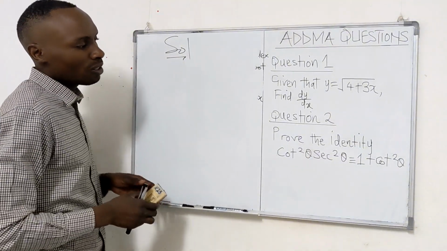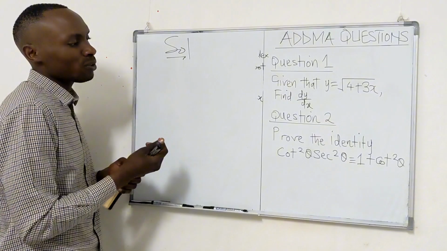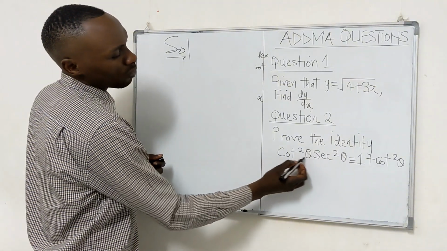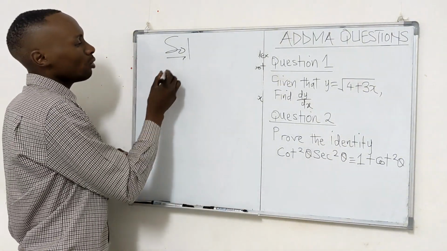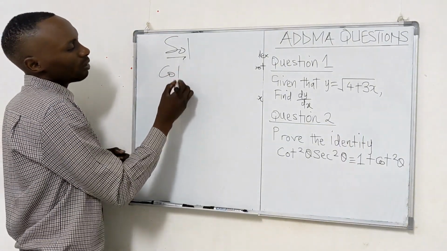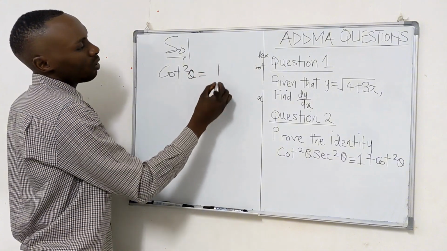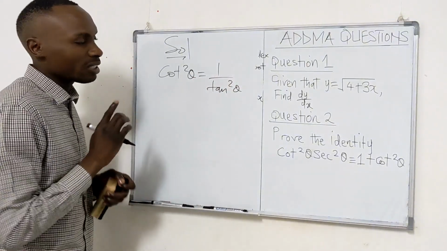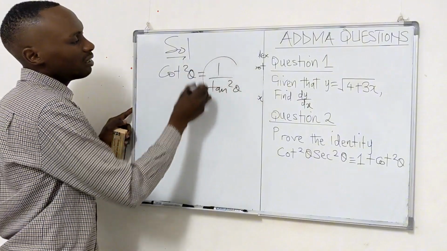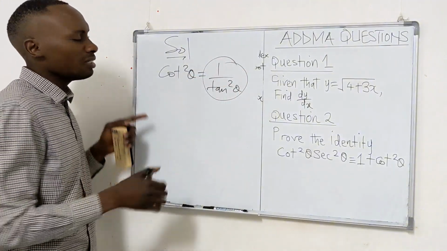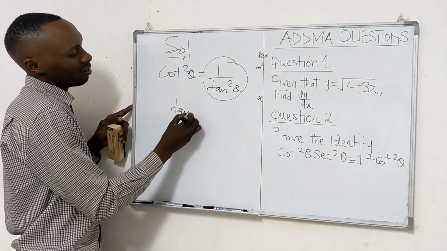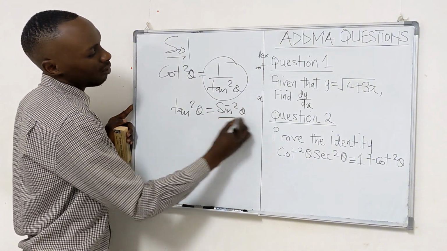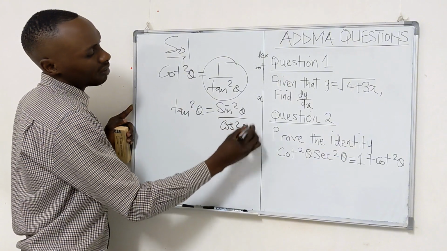Now for this part, I want us first of all to remind ourselves of some identities. The first one, cot. What does cot mean? Cot squared theta is the same as 1 over tan squared theta. So let's take note of this one. Remember, tan squared theta is the same as sine squared theta over cos squared theta.